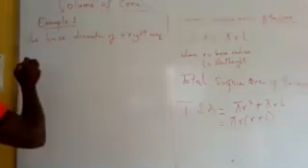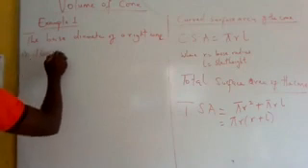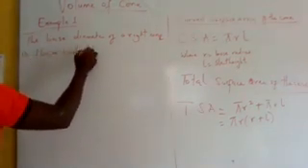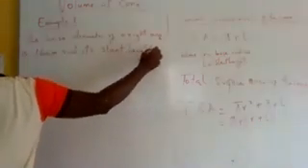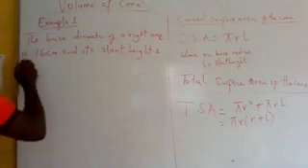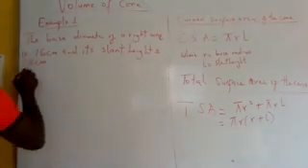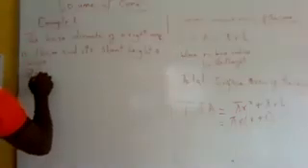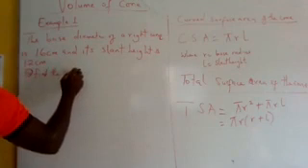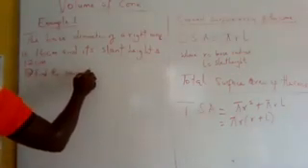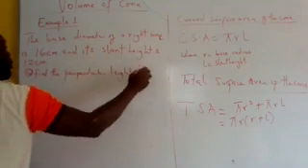The base diameter of a right cone is 16 centimeters and its slant height is 12 centimeters. Question A, find the perpendicular height of the cone.